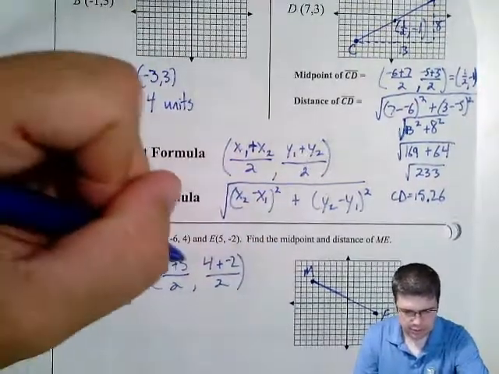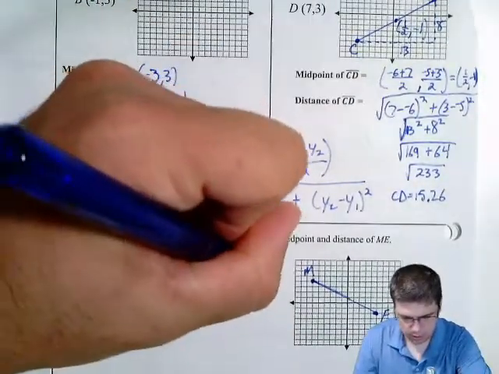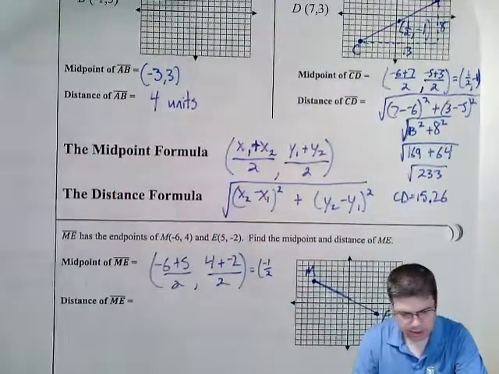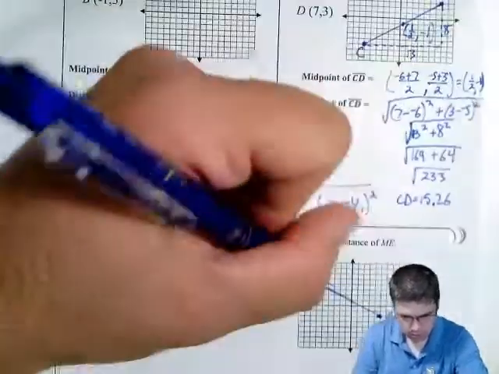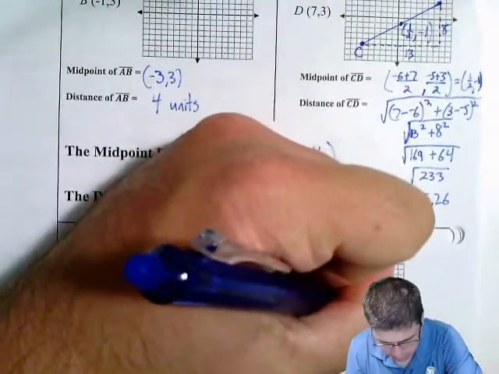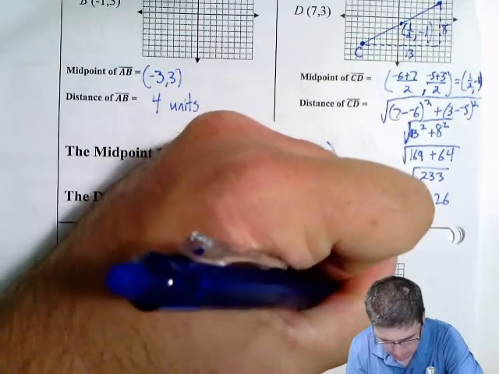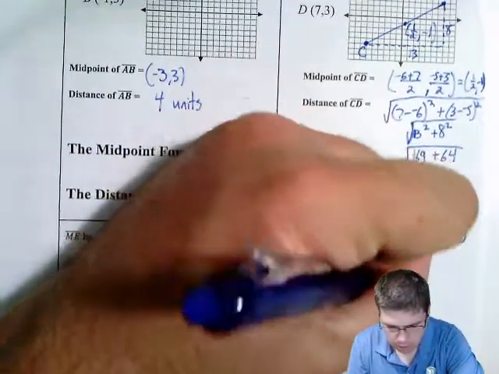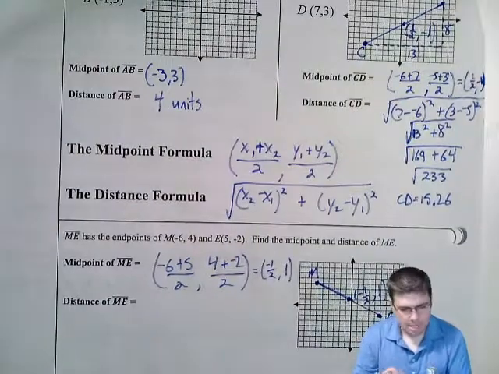All right, so -6 plus 5 is -1 over 2, so that's -1/2. And then 4 plus -2 is 2, divided by 2 is just 1. So at -1/2, 1 should be that midpoint. -1/2, or -0.5, 1. All right, so that's our midpoint.